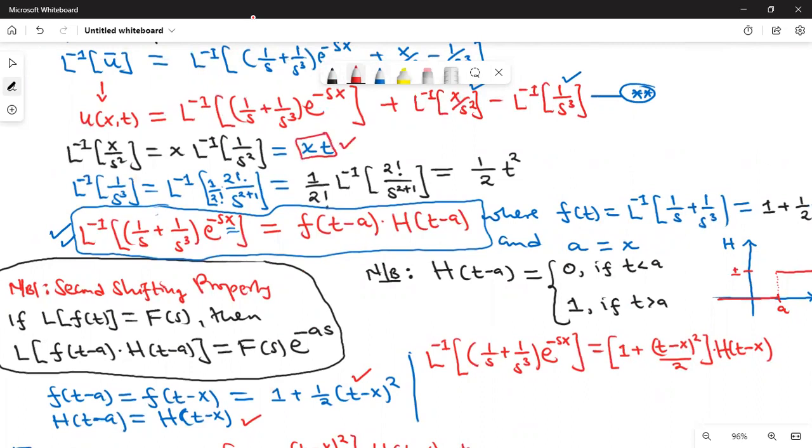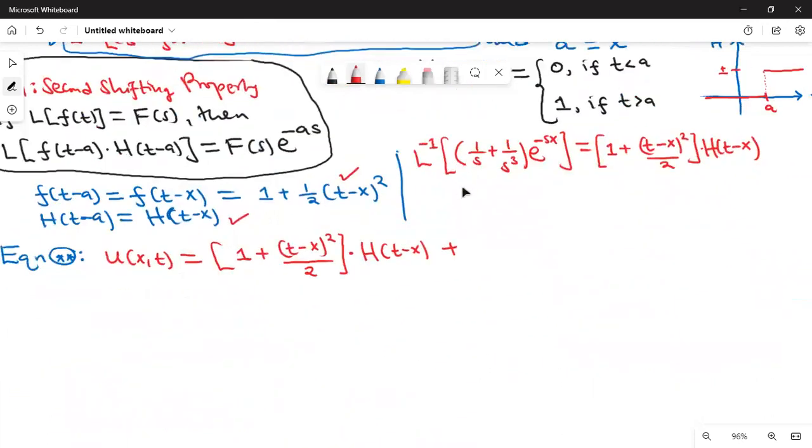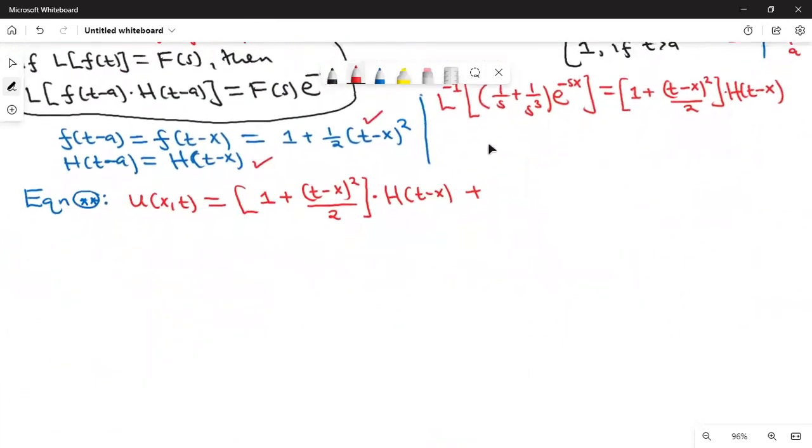The other term we got 1 over 2 t squared, so minus, because it was negative. So that we'll have xt minus half t squared, or simply t squared over 2. So here we'll write plus xt minus half t squared. So this is our particular solution.